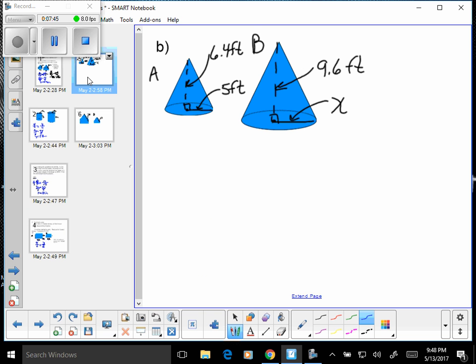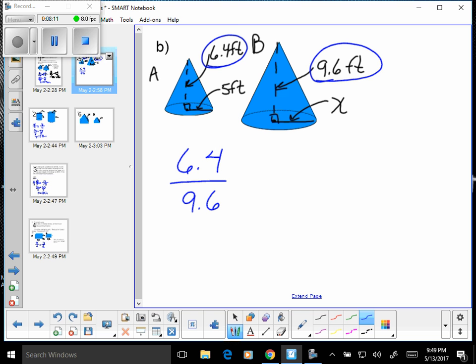Here we have two cones, and again, they are telling you to compare A to B, and sure enough, they have them listed. Now, if we take a good look at the two cones, you can tell that we know the heights of both cones, 6.4 and 9.6. A to B, 6.4 over 9.6.